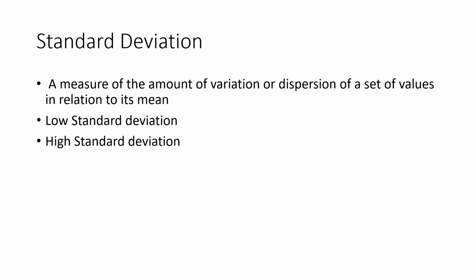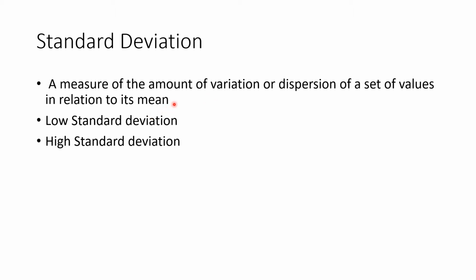When we go ahead and we calculate something known as the standard deviation, what is the standard deviation? Standard deviation is basically a measure of how much variation are your set values, or your points, in relation to its mean.